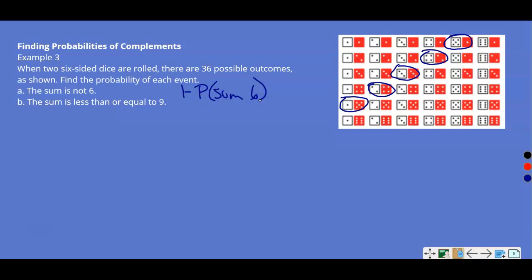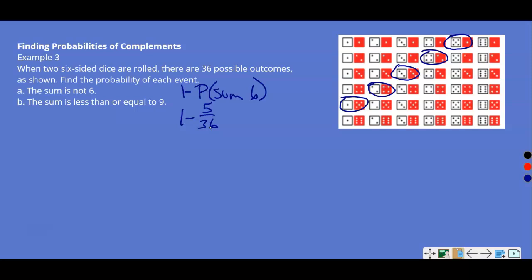All right, so that's going to be the same thing. So we're going to have 1 minus, you can see we circled 1, 2, 3, 4, 5 out of 36. So 5 out of 36 have a sum of 6. And we're looking for the sum is not 6, so you need to have a common denominator.